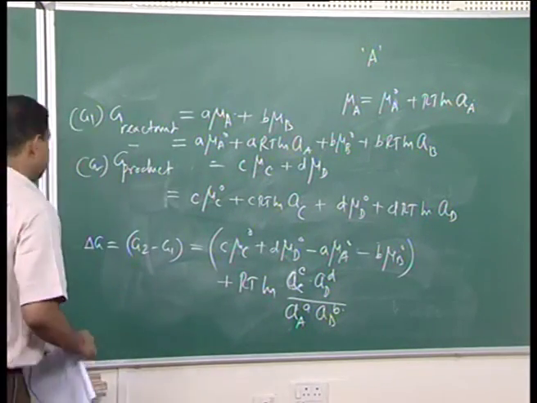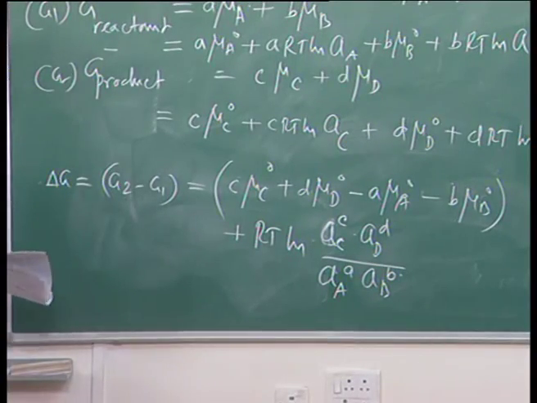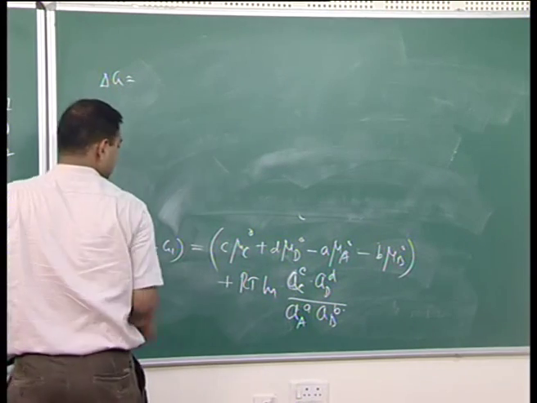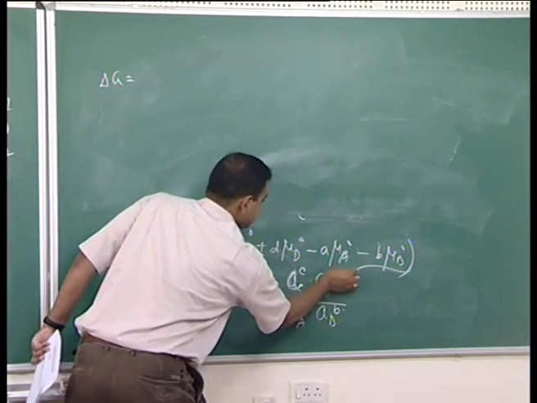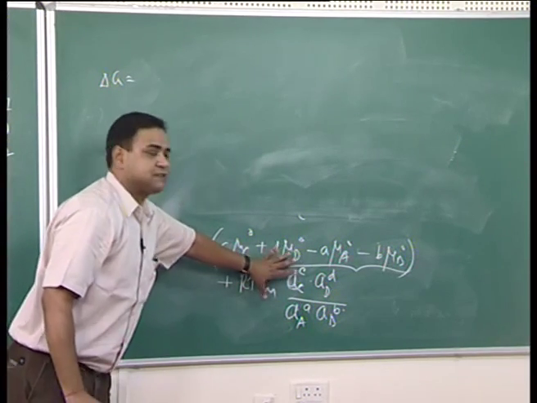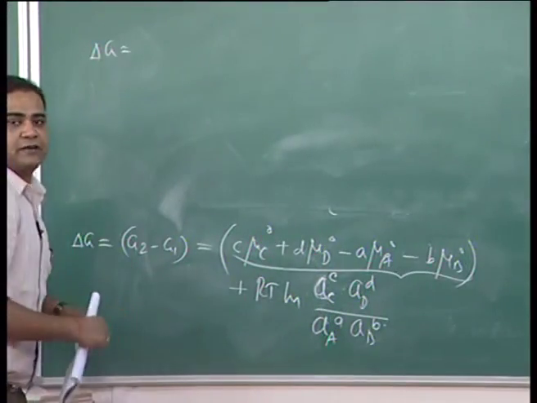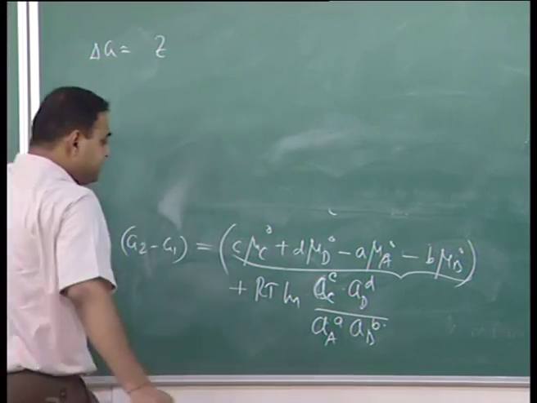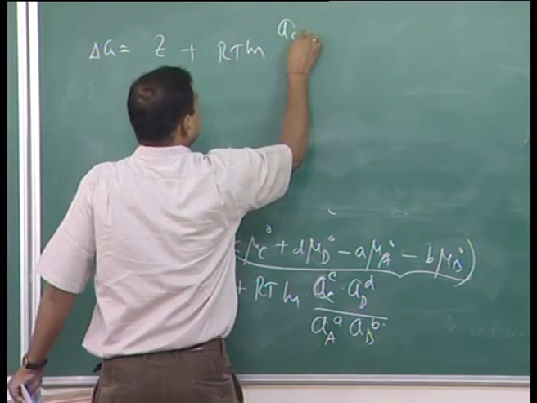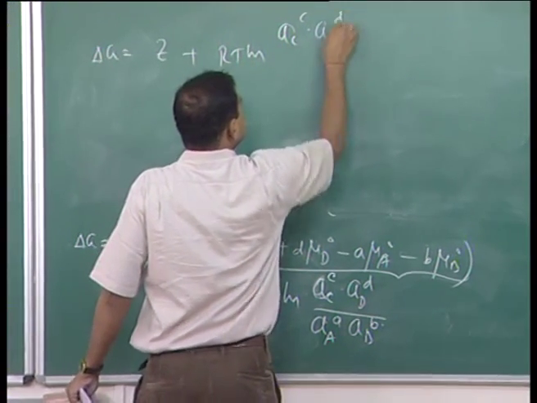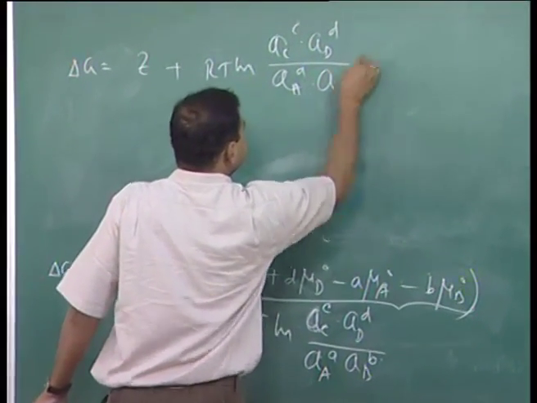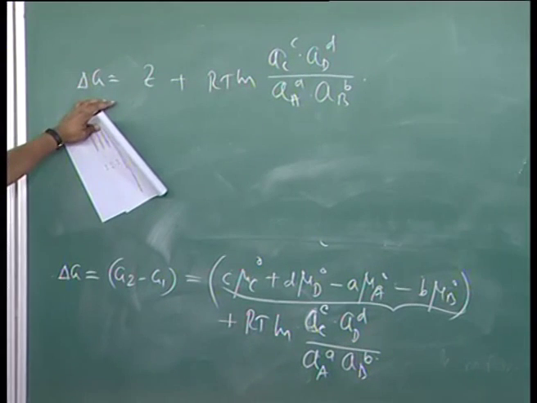So, you are getting this expression. Now, del G equals what? This part, all are standard values. If these are standard values, then it must be constant. So, this is a constant plus RT ln of a C^c a D^d over a A^a a B^b. So, this is one important relation.